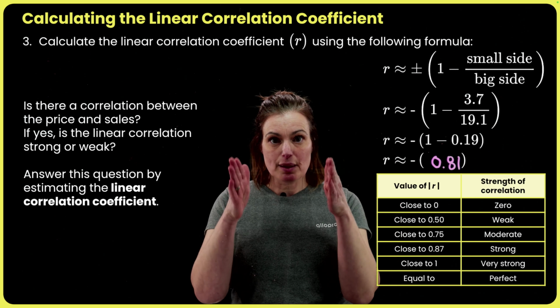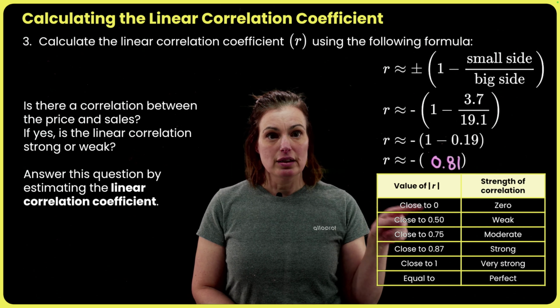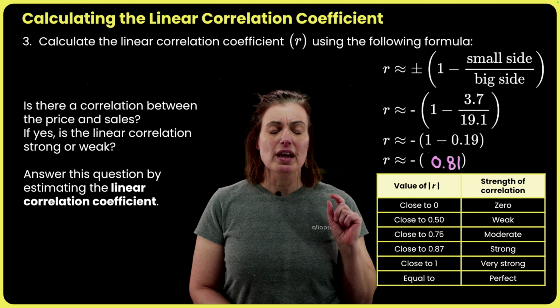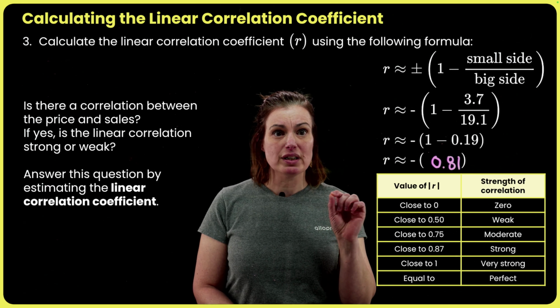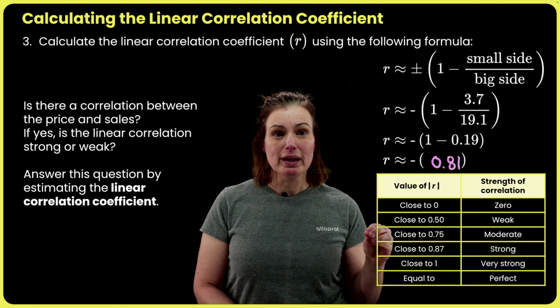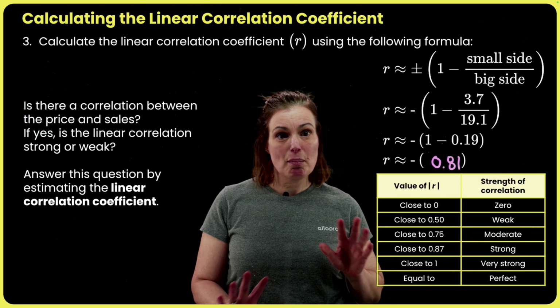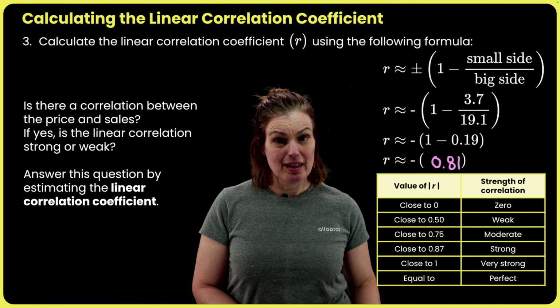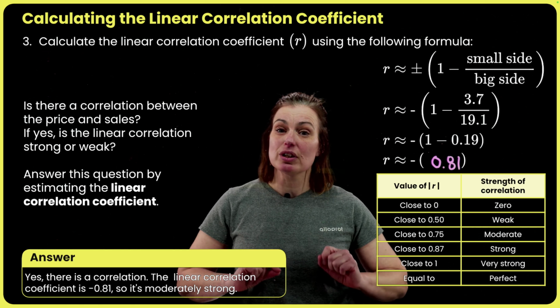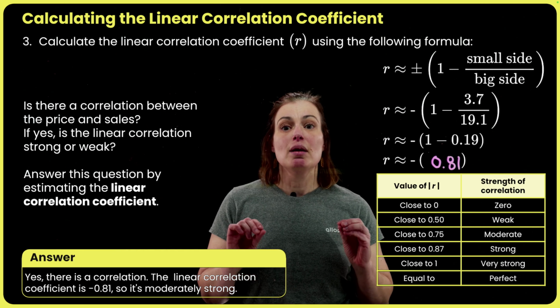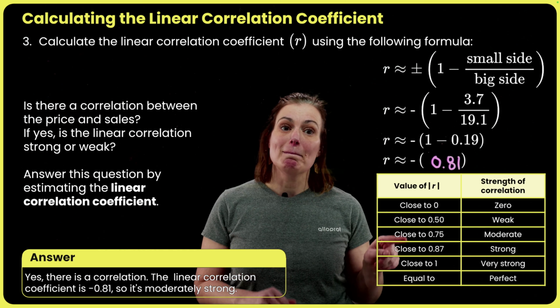That's why you see the absolute value bars here in our chart. And with a correlation of 0.81, we're looking at between 0.75 and 0.87. Therefore, we can say that yes, there is a correlation. The linear correlation coefficient is negative 0.81, so it's moderately strong.